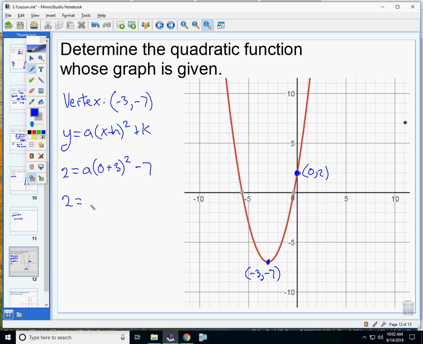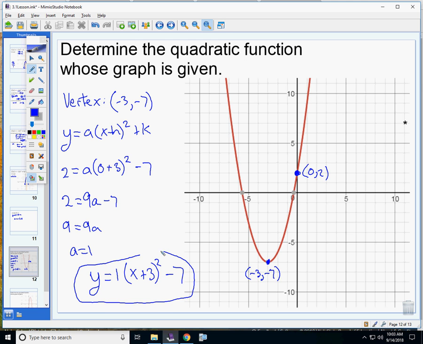Squared is 9, so I have 9a, and subtract 7. Now I add the 7 over and I get 9. So 9 equals 9a. I divide and I get a is 1. So my equation is y equals 1 multiplied to x plus 3 quantity squared minus 7. Here is my equation for this parabola.